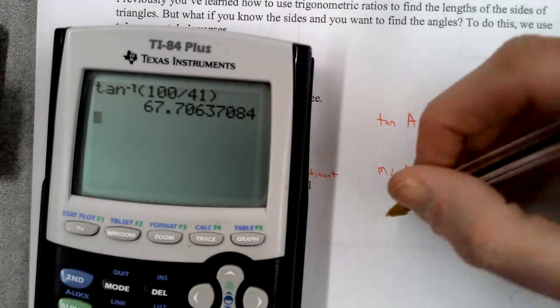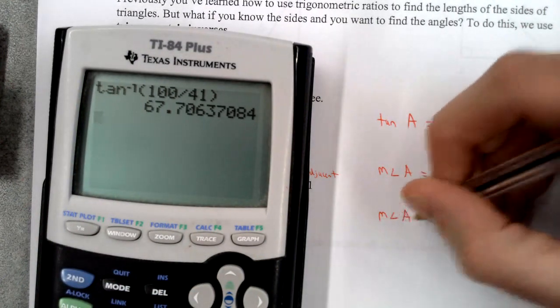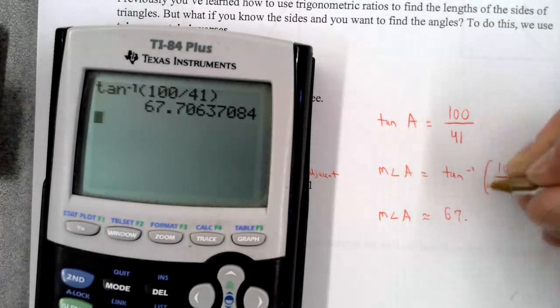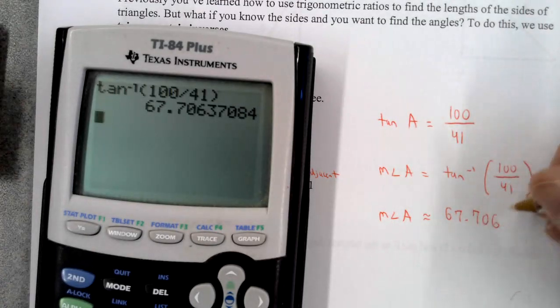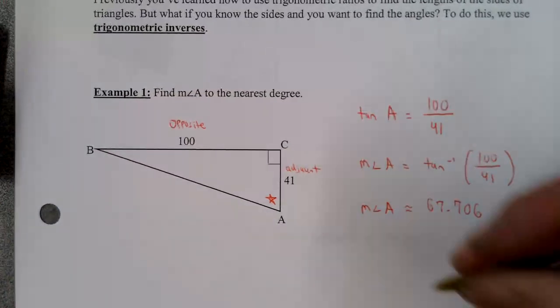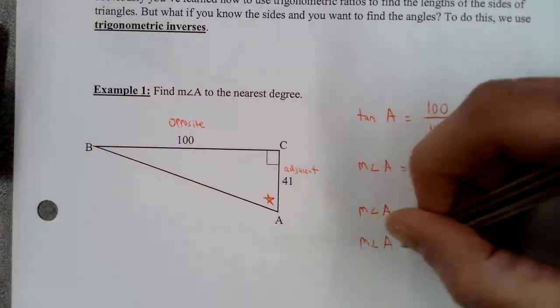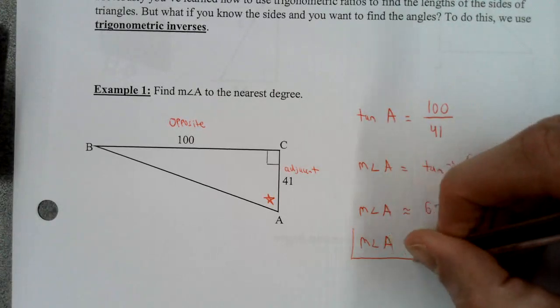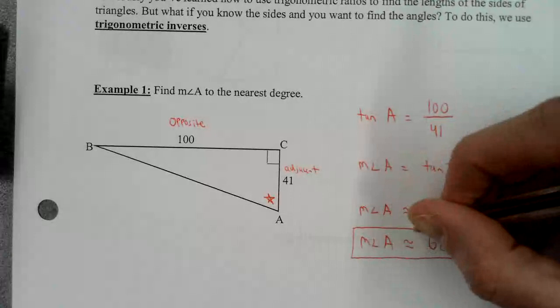I'll say the measure of angle A is approximately 67.706. It says nearest degree, so the measure of angle A is approximately 68 degrees.